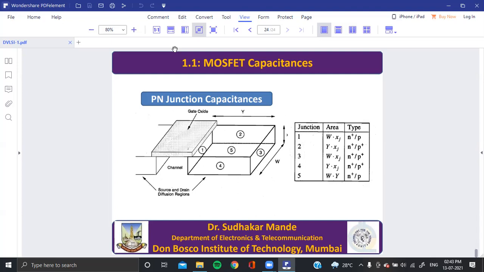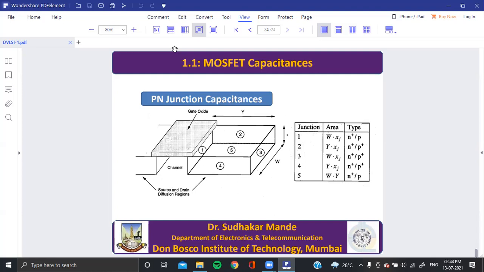And there are junction capacitances, because the source region and drain region form a PN junction with the substrate. There are 5 junctions. One is the drain and channel junction. Then the bottom side of the drain and substrate, then the front side and substrate, the back side, and the side one.